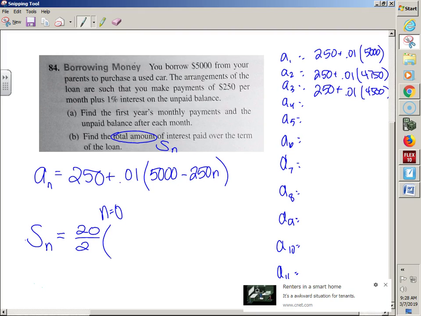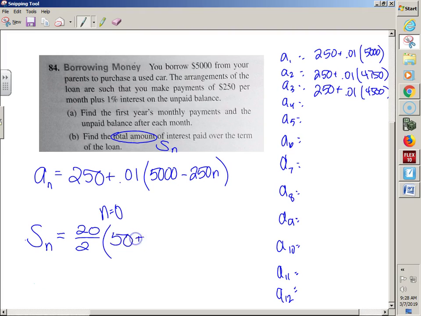Are they asking how much you've paid, or just how much interest? Okay, so how much interest did you pay the first month? No, 300 was your entire payment, wasn't it? 300 was what you paid, so how much of that was interest? 50. How much interest are you going to pay the last month?